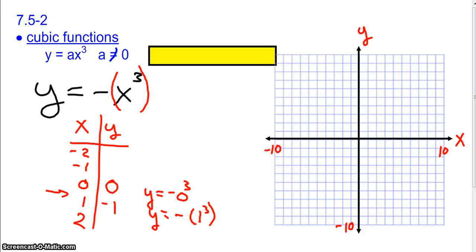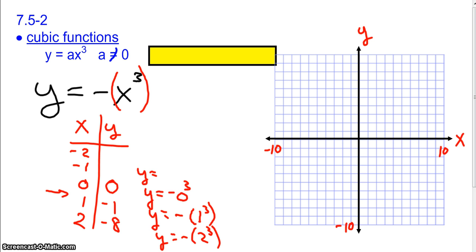Let's try this with 2. Brandon, what do we get? -8. Okay, but let's go up here now to the negatives. And when we plug in -1, who can tell me what that's going to look like, just plugging it in? Lindsay?